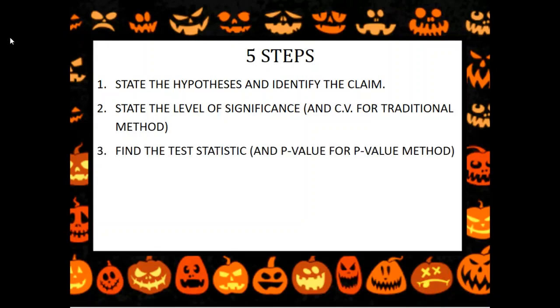Step 3 is to find the test statistic. This is your t. It is found by doing r times the square root of n minus 2 divided by the square root of 1 minus r squared, or just writing down what your calculator tells you. Okay, that's your t. Your calculator will also give you the p-value associated with that test statistic. So remember what the p-value is.